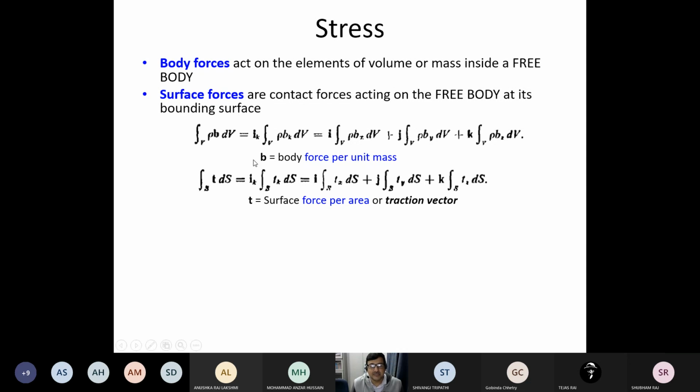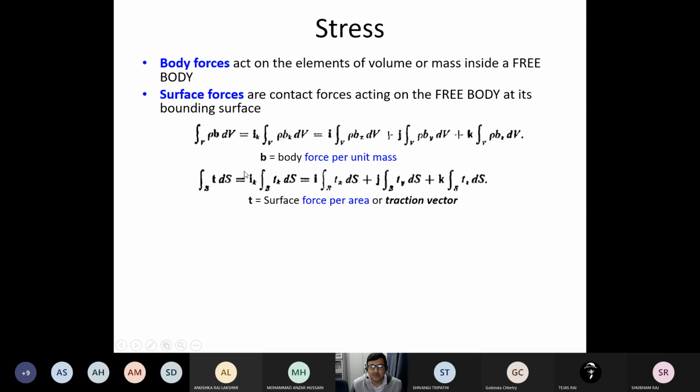So I have a very simple definition of body forces, which is rho b dV, and you know that b is b_k i_k. These things you are comfortable with. And I have a traction vector t dS.